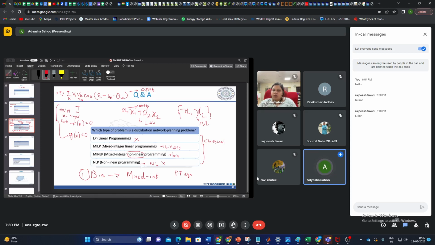So our problem is also nonlinear. So the right answer will be mixed integer due to the batteries, and it may also be due to other considerations. Binary and these power flow equations lead to a nonlinear type problem. So our problem is a mixed integer nonlinear problem.